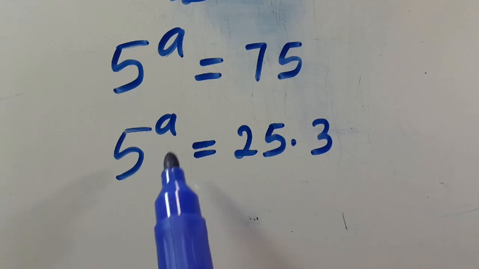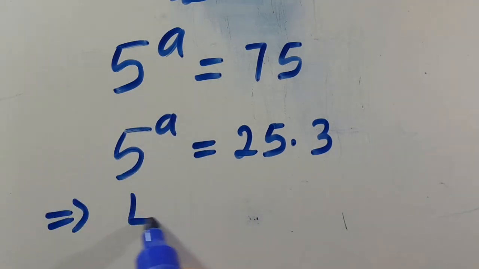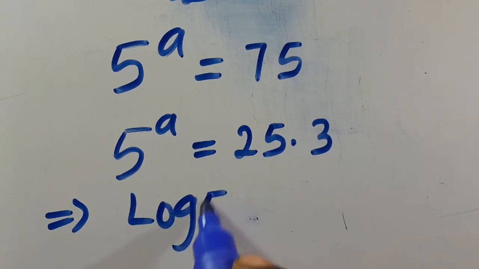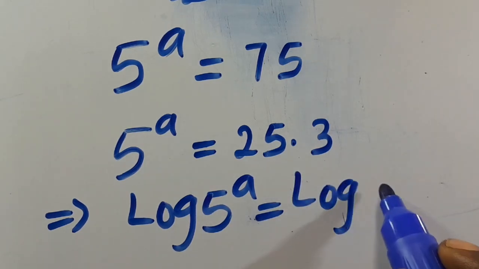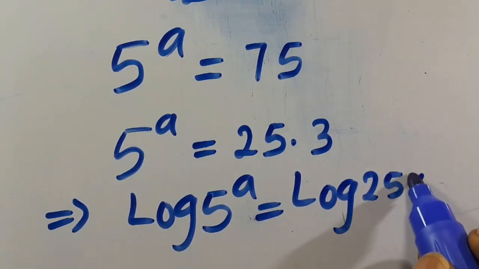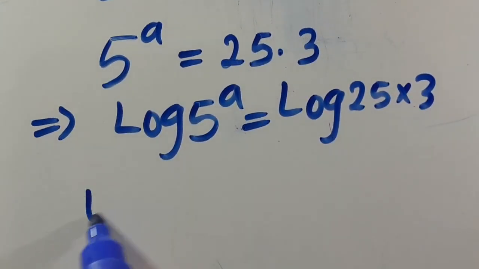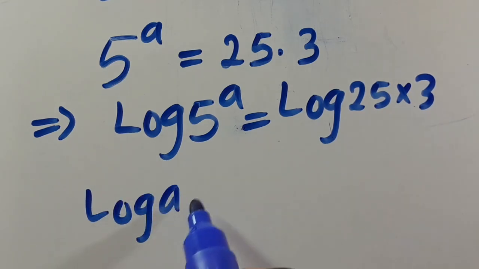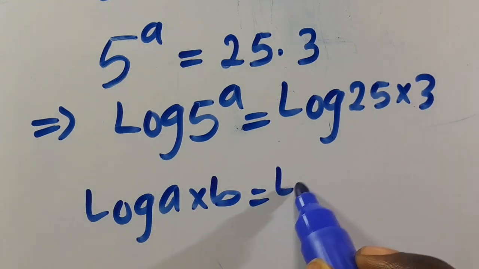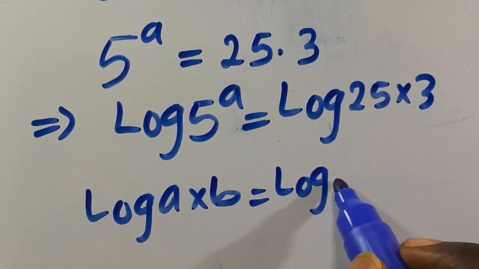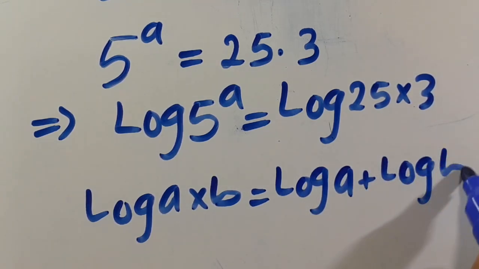Then we want to get the value of a. Let's introduce log to both sides. This implies that we have log 5 to the power of a equals log 25 multiplied by 3. Then remember that when you have log a multiplied by b, you always have this as log of a plus log of b.